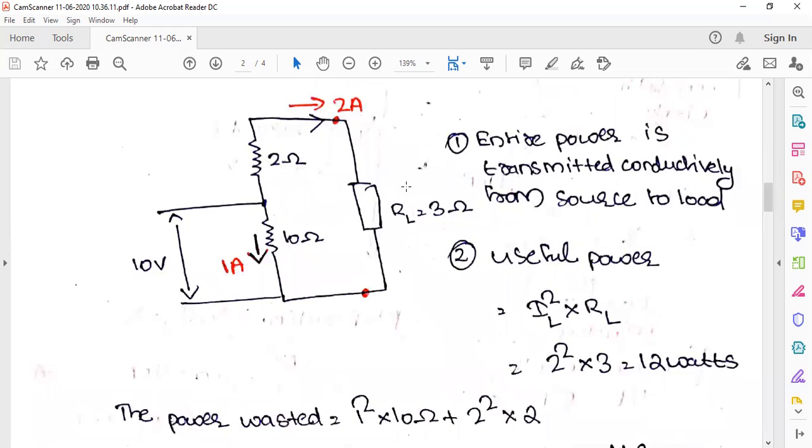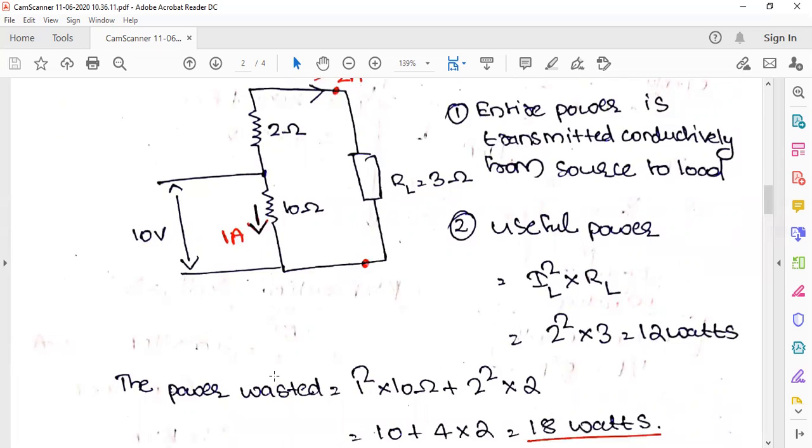Useful power is the power we have at the load. The power will be IL square into RL, that is 2 square into 3, that is 12 watt. So we get 12 watt, but a lot of power is getting wasted, because the resistor is consuming it.